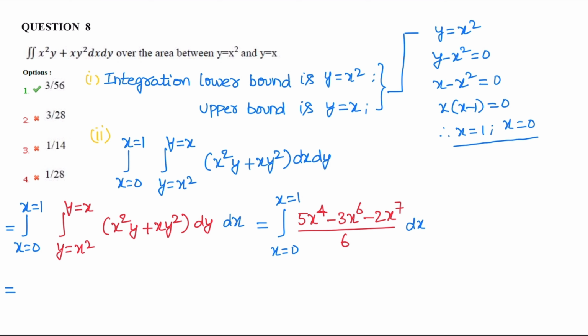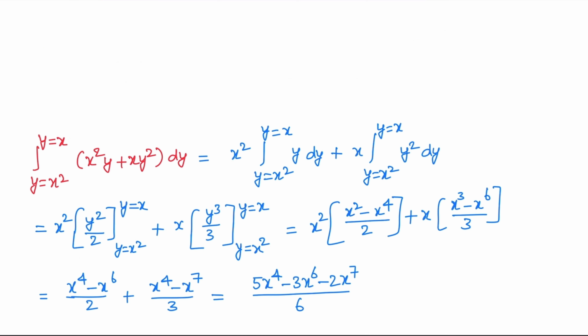Now we need to calculate the inner integral, y is equal to x square to y is equal to x. This is the inner integration. So for this integral, y is equal to x square to y is equal to x, x square y plus xy square dy, on solving we have this value: 5x power 4 minus 3x power 6 minus 2x power 7 divided by 6.